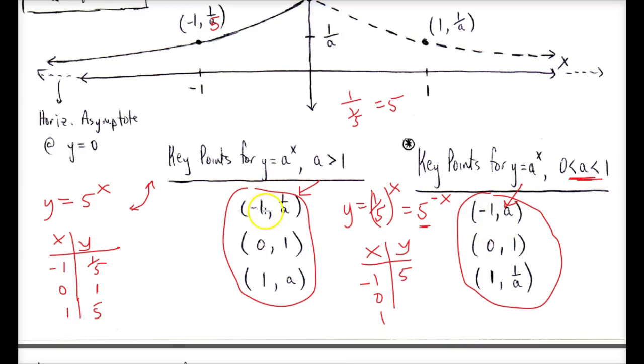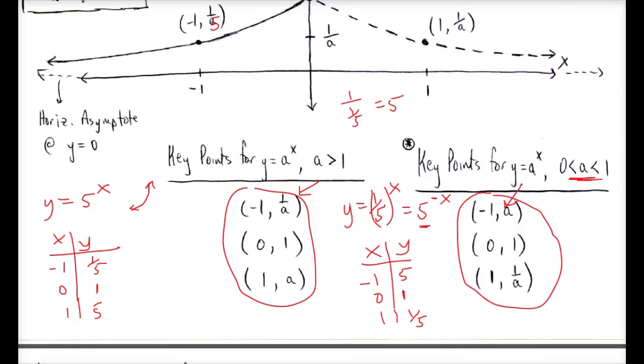So whether you look at it in terms of here where the a is greater than 1, or if you look at it here where your a is in between 0 and 1, and you rewrite it as positive, well, I should say the base being greater than 1 raised to a negative exponent, you'll see that you'll get the same thing here. Okay, 0, 1 is always there, and then for the last one we have 1/5 for our y.